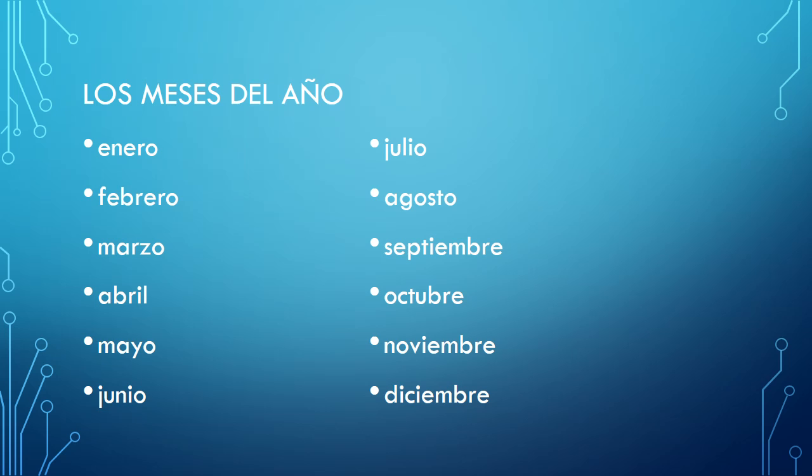And then by Diciembre, it's D-I, not D-E. And then don't forget the I-E in September and November, it's Septiembre, not Septembre, and Noviembre, not Novembre, so they add an I in there.